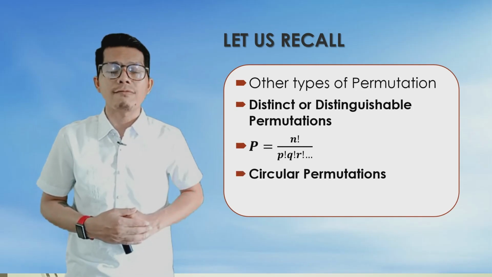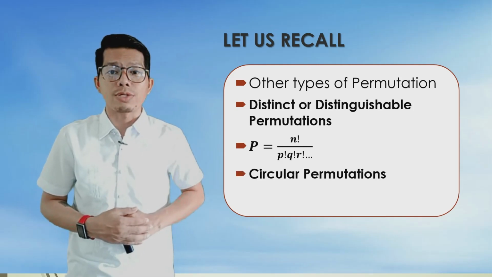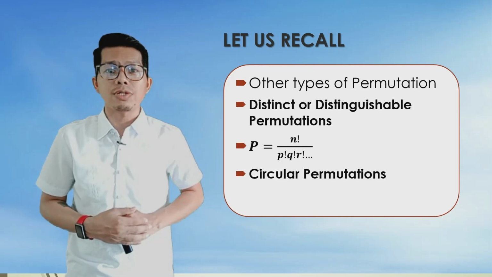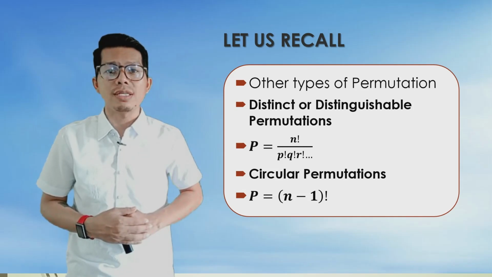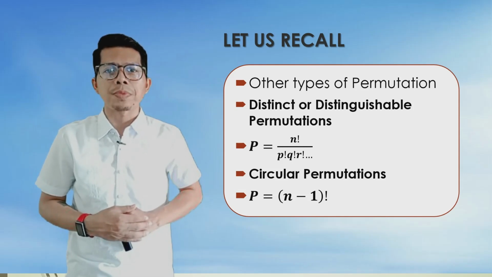Next, we have the circular permutations. The circular permutation is equal to the quantity n minus 1 factorial. And we can only use this last formula if we are given arrangements in a circular formation.